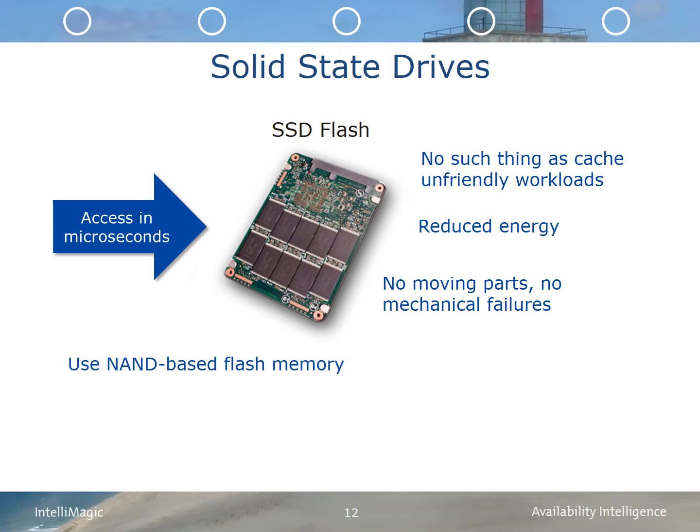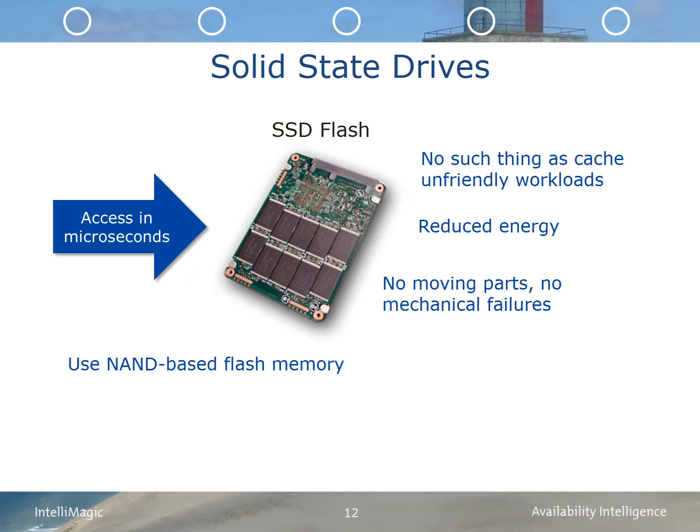This picture is of an SSD flash device. In this case, you can see it's a board. It's not a spinning disk. It doesn't look anything like a disk. It looks like any kind of board that you would put on a motherboard or main board. And it has a series of chips. Now these chips have NAND-based flash memory on them. And so I guess the obvious thing is that there's no spinning disk, so access times are much faster.